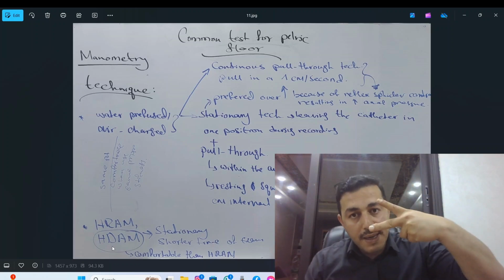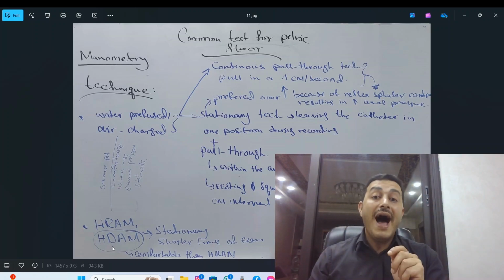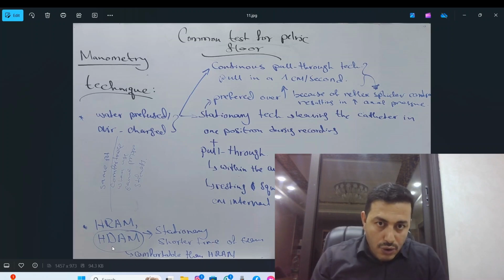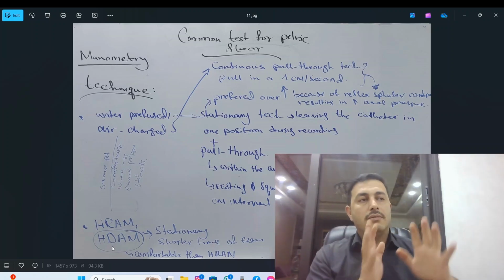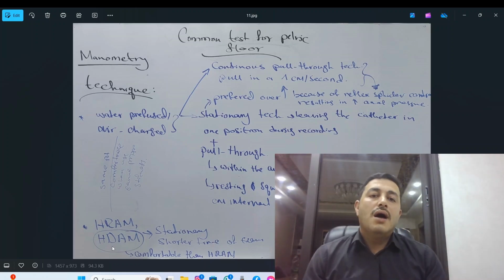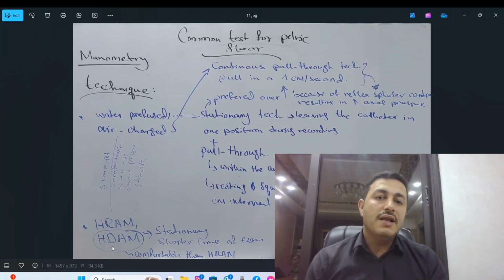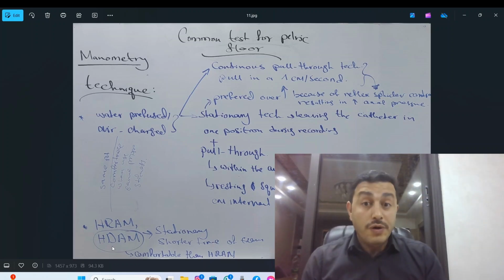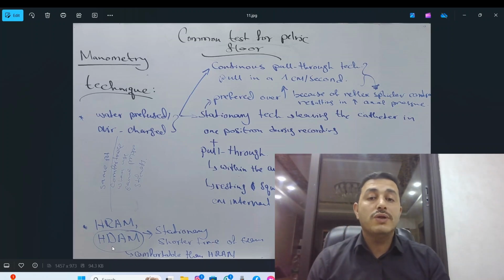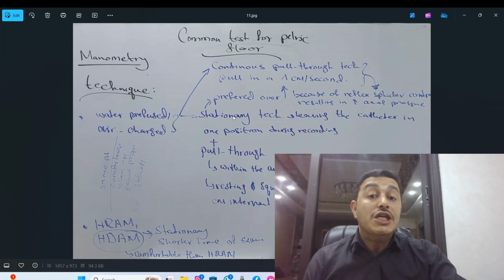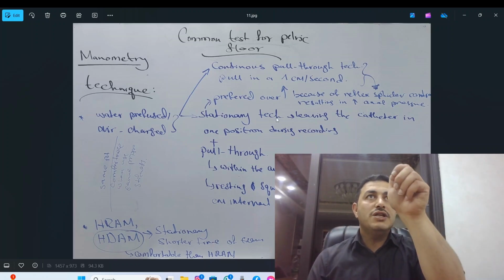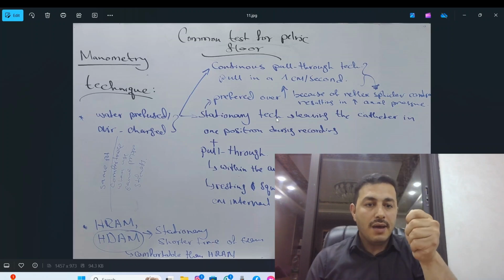Pull-through can be of two types. Either continuous pull-through, where the pressure is detected in 1 centimeter intervals every 1 second, or the stationary technique. Stationary technique means pulling and stopping.